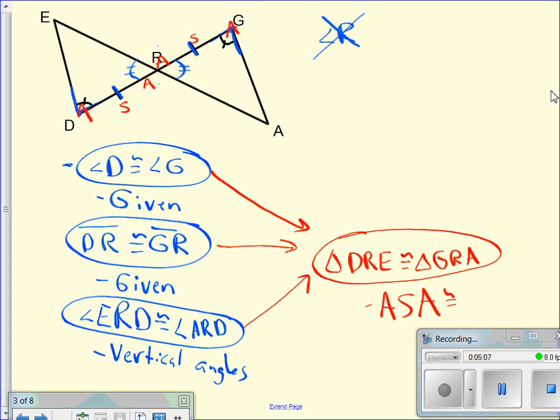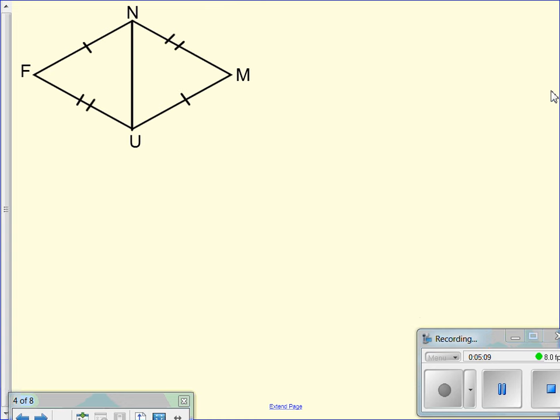Let's check out another one. All right, this one. Now, let's see. What do I start with? Easy given points, right? So go back to that and get the free points. I see this and this are marked with a single, therefore they're equal to each other. Now I'm going to say FN is congruent to MU.